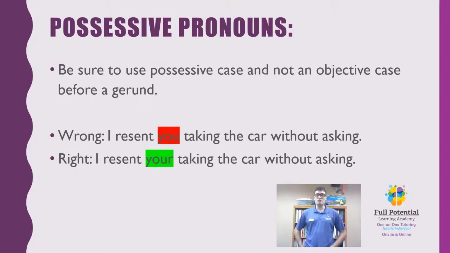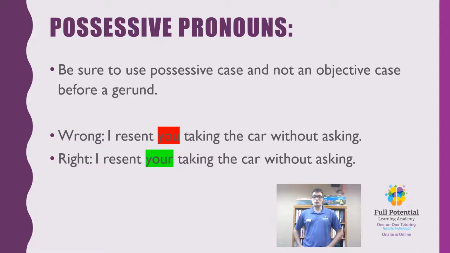By understanding objective pronouns, we understand the verbs a little better and can make better choices when picking the best pronoun. Possessive pronouns are pronouns that assign attribution or ownership to a subject. Bear in mind to use the possessive case of a pronoun and not the objective case before it, as that could lead to a confusing statement, as shown below. "I resent you taking the car without asking" is wrong when you should say, "I resent your taking the car without asking."